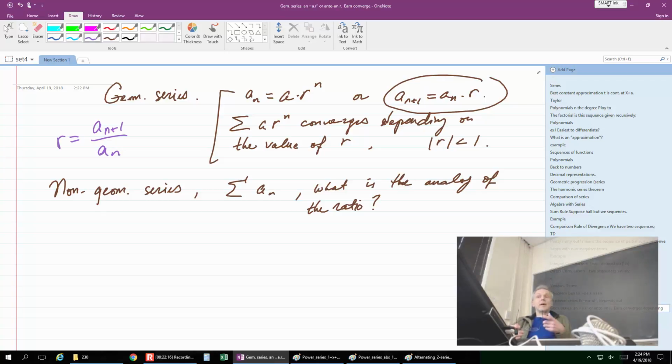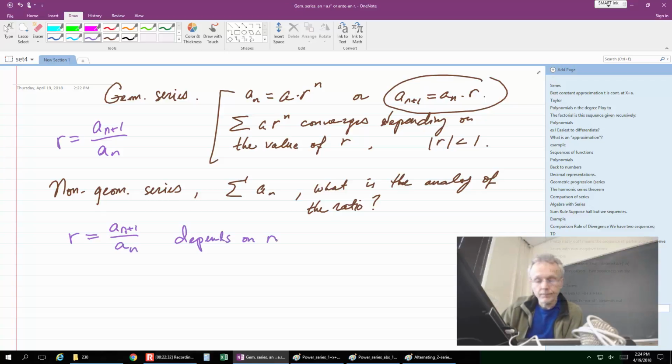So if I also take the ratio, but the series is not geometric anymore, what does it mean? It simply means that r will depend on n. Like this. That's all. So that's the analog.